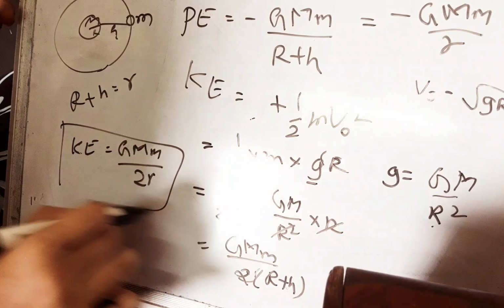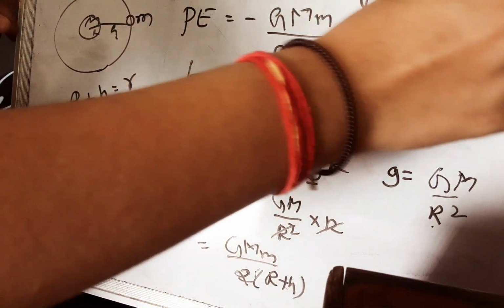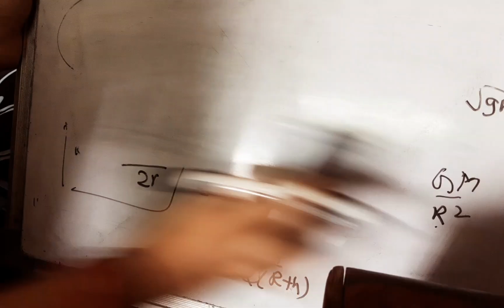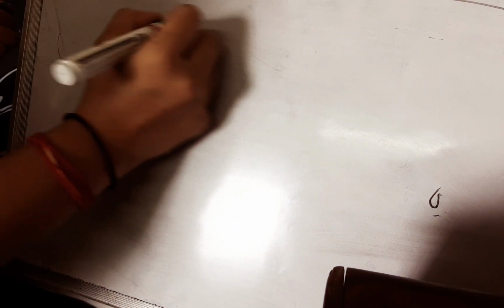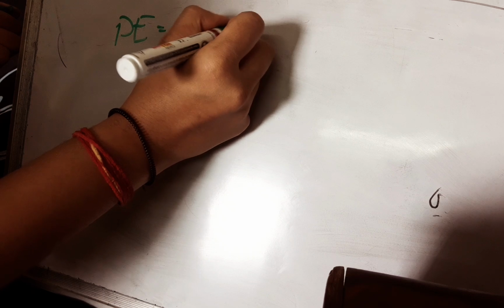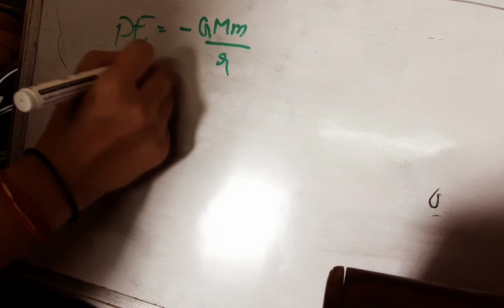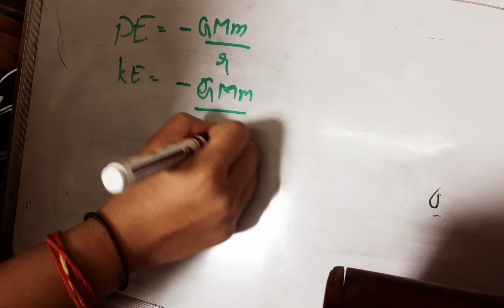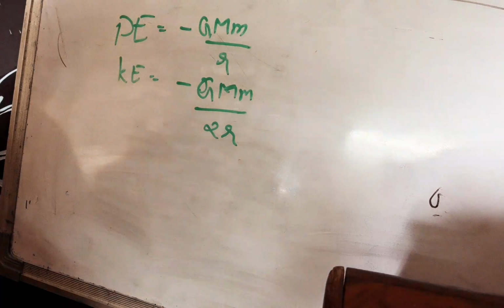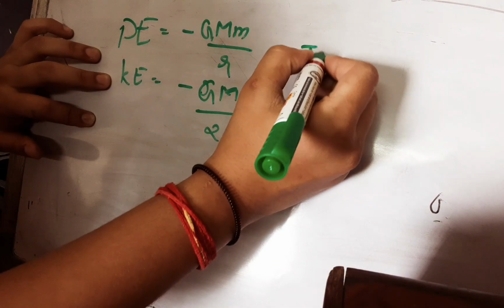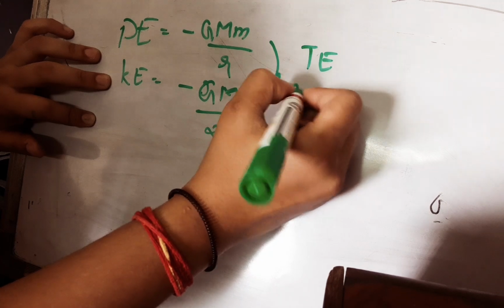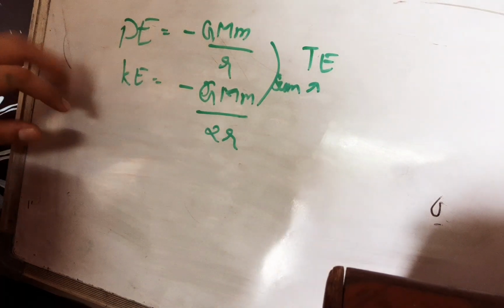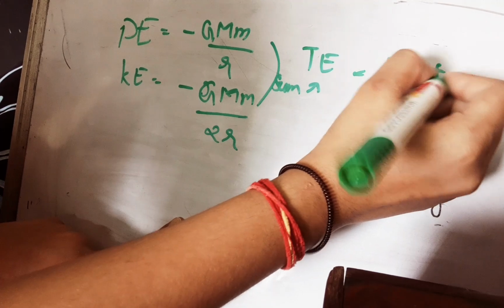So remember the results. Potential energy is minus GMm upon r and kinetic energy is plus GMm upon 2r. If I add these two, I should get the total energy, that is potential energy plus kinetic energy.